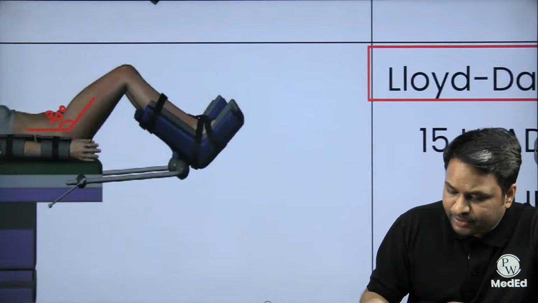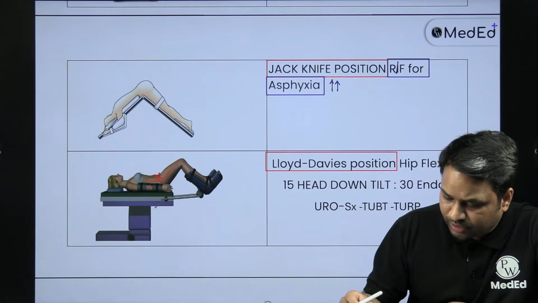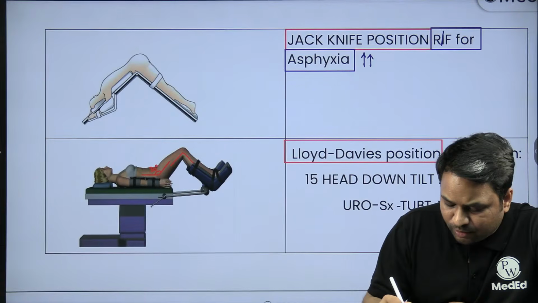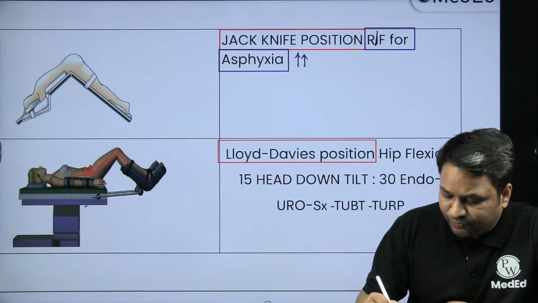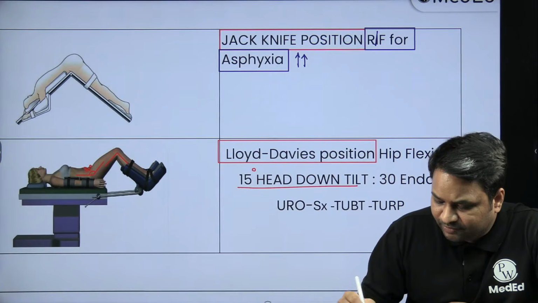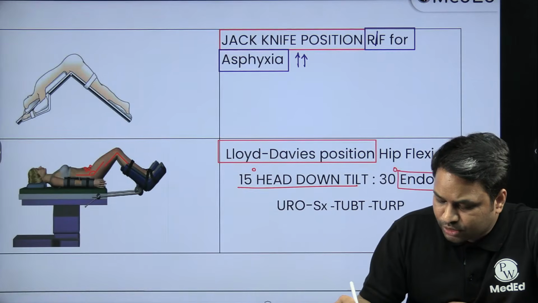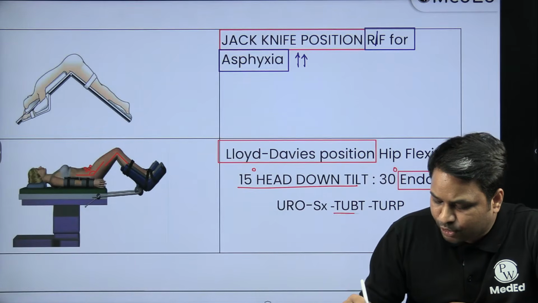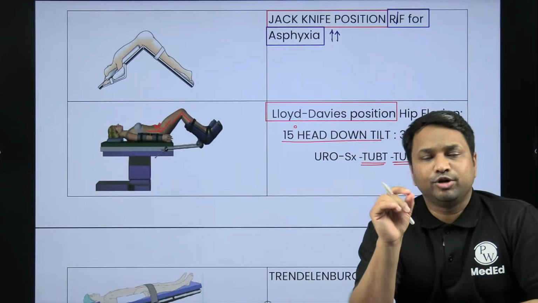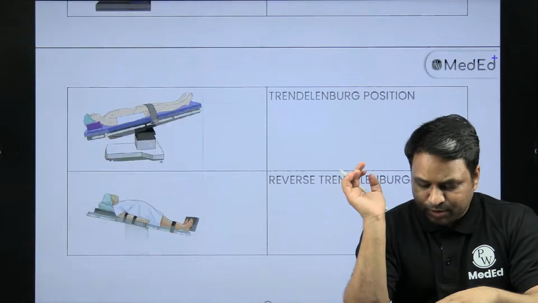So hip flexion is slightly wider and the knees are also slightly wider here, right? We do a 15-degree head down tilt and the hip flexion is at 30 degrees. It is done for all endo-uro surgeries, for example TURBT, TURP. So transurethral resection of bladder tumor or transurethral resection of prostate, you would use the Lloyd-Davis position.